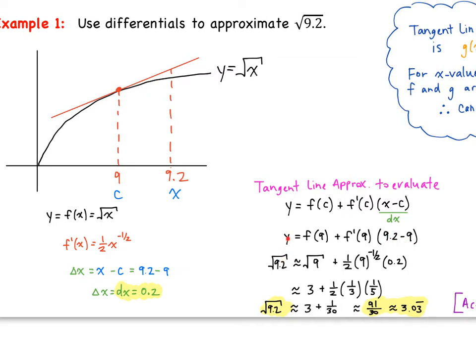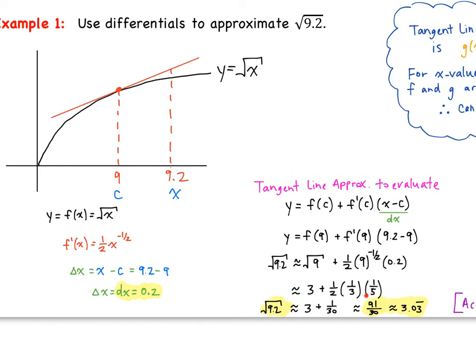Now we know y is equal to the square root of x. So really we have the square root of 9.2 is approximately f of 9, which is the square root of 9, plus 1/2 times 9 to the negative 1/2, that's our f prime, and our delta x is 0.2. Now we're just going to clean it up to approximate.